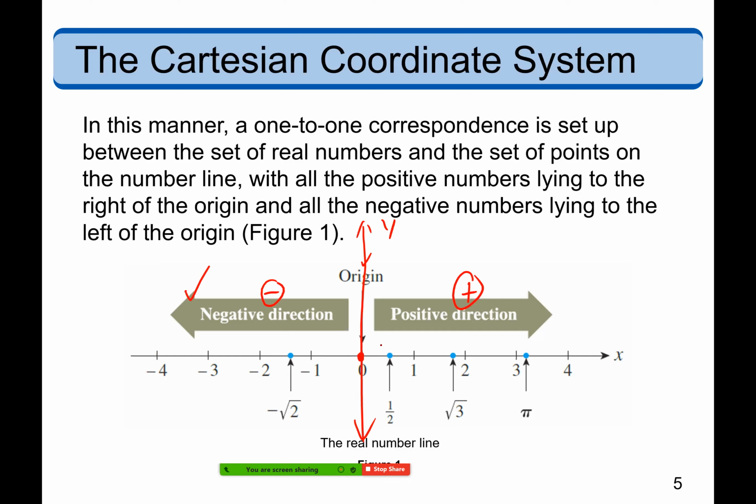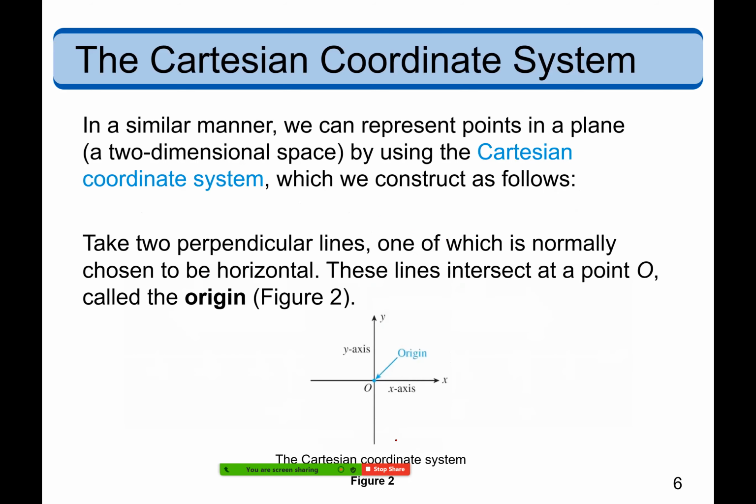And above 0, that's positive. Below 0, that's negative. Okay. So try to make sense of this Cartesian system. And the origin is the intersection of the x-axis and the y-axis. So we usually use point O to represent the origin, right?